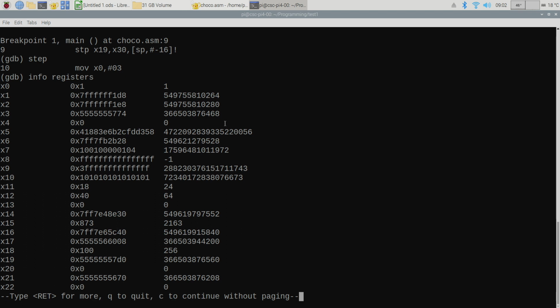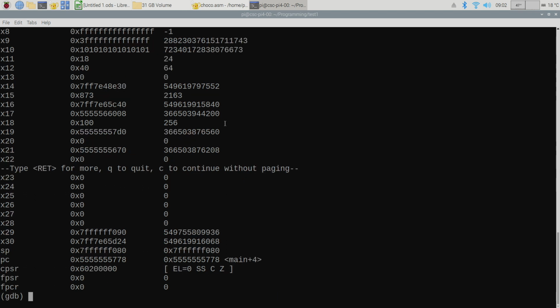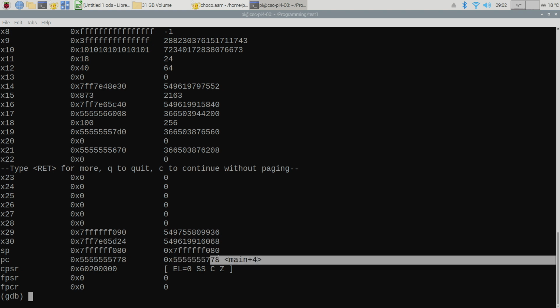Here's where I really want to concentrate for right this instant, which is this line here. What is that line telling me? Which register am I looking at?